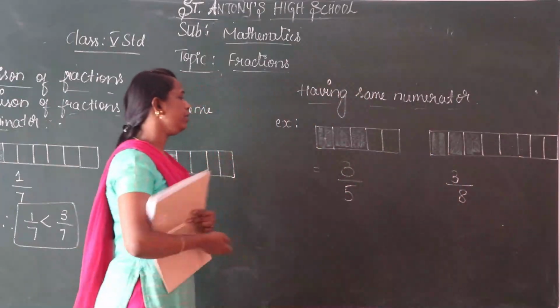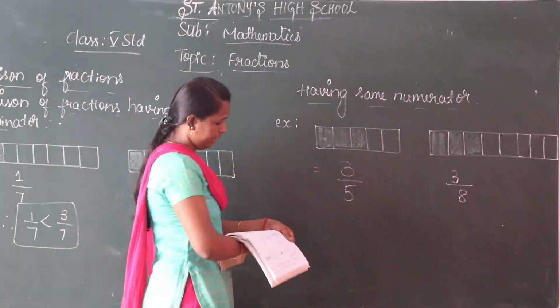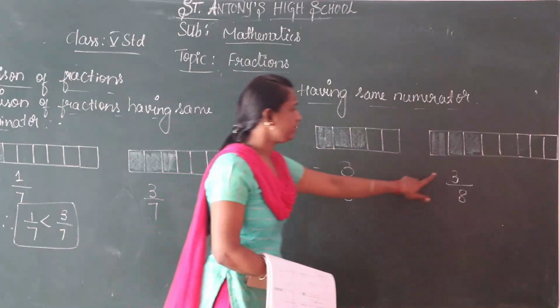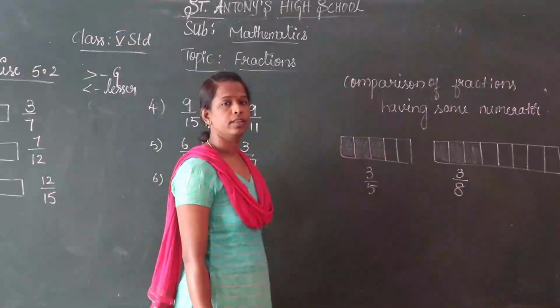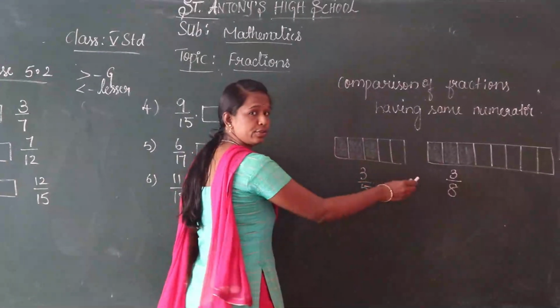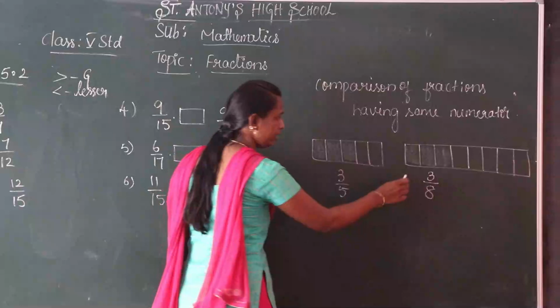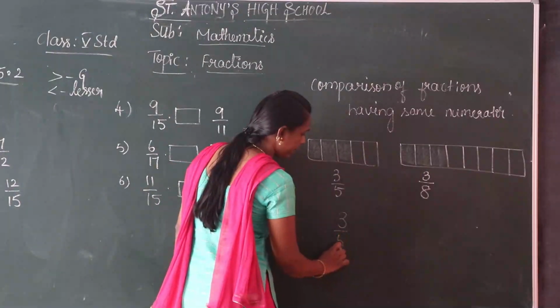So observe the fractions, children. Here 3 by 5 and 3 by 8. Compare these two fractions, 3 by 5 and 3 by 8. Observe carefully.